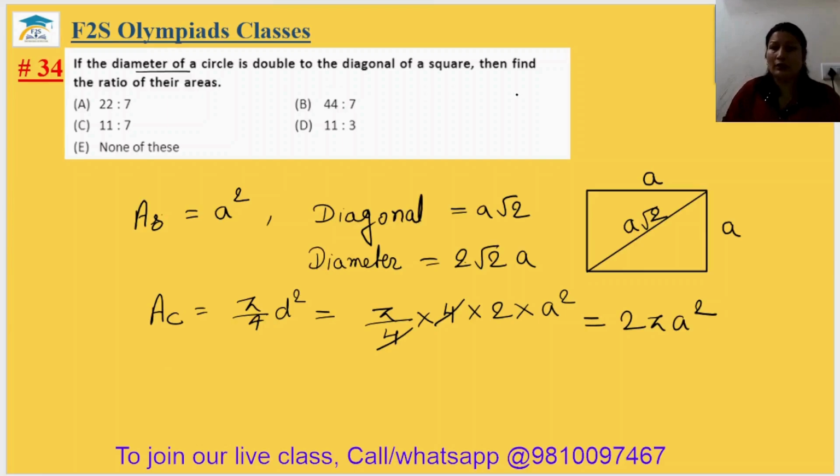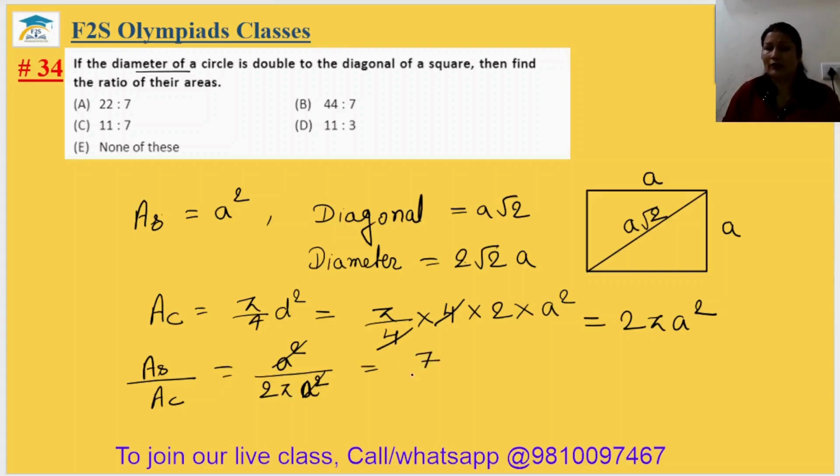Now we have to find the ratio. We will just write AS upon AC. So it is A square upon 2 pi A square. A square cancels out, and here pi's value is 22 upon 7.